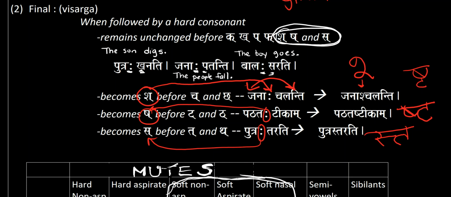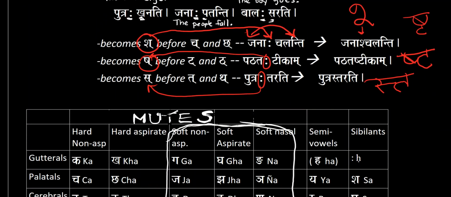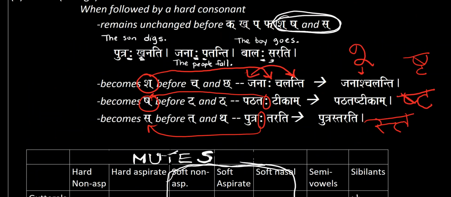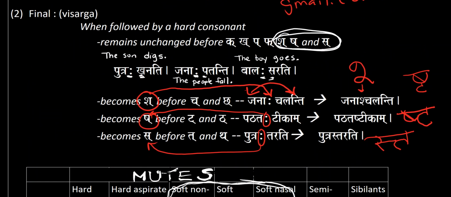The reason is, as I said in the last video but I'll say it again, there are fewer hard consonants in the table than soft consonants, and the rules for the hard consonants are more specific.